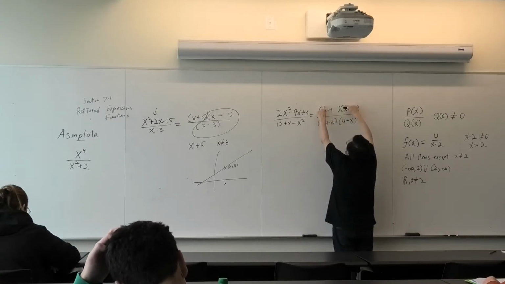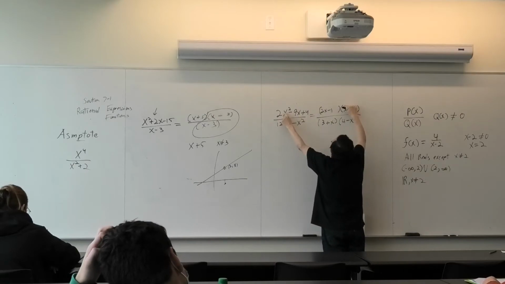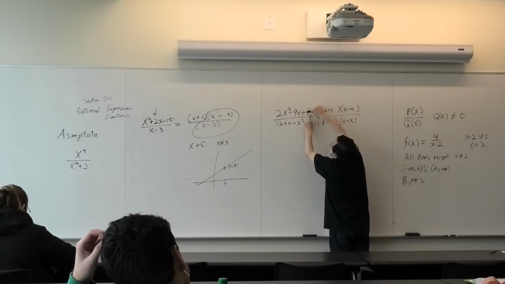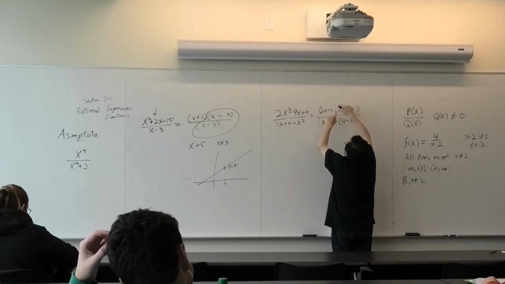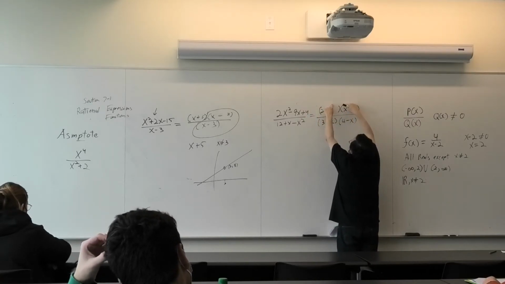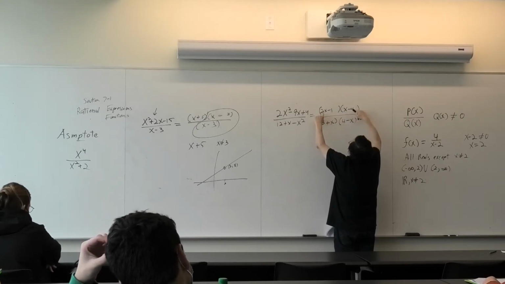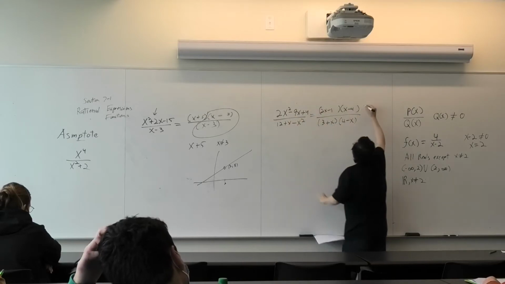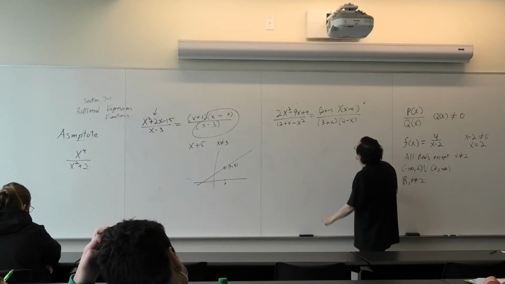So the firsts are 2x times x, that's 2x squared. The lasts are minus 1 times minus 4, that's plus 4. And the inner and outer are minus x, and 2x times minus 4 is minus 8x, so minus 9x. So that factoring is correct.